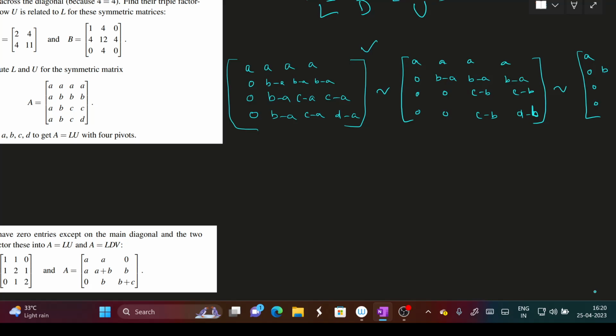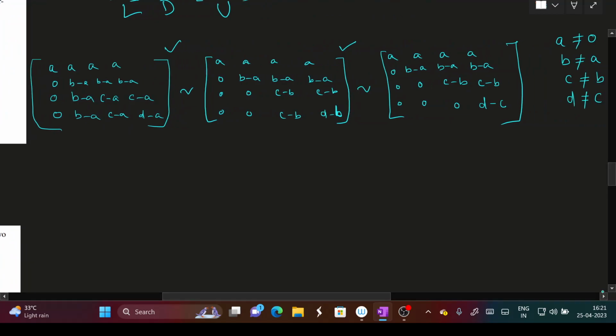It will give me this matrix. After getting it, again I have to make this element 0. So to make this element 0, R4 minus R3 stored in R4. Up to the third row there is no change. The fourth row will be 0, and this is D minus B minus C plus B. So B cancels, and it is D minus C.